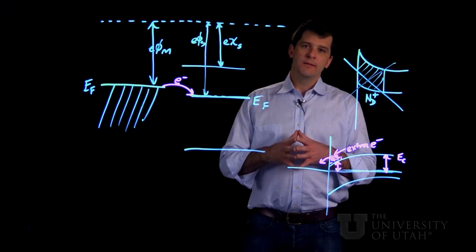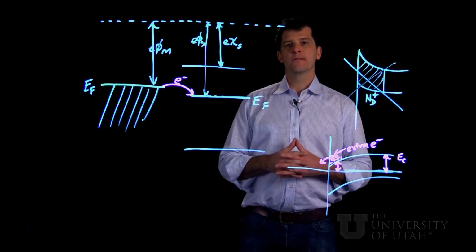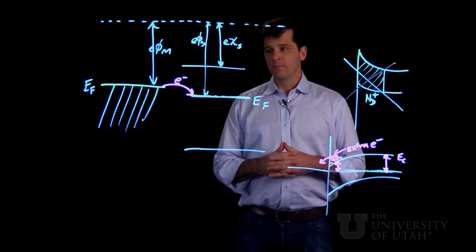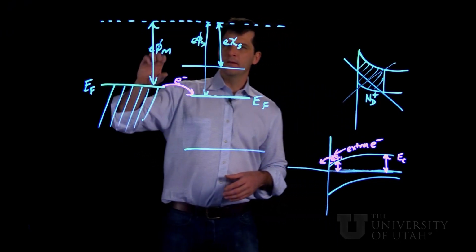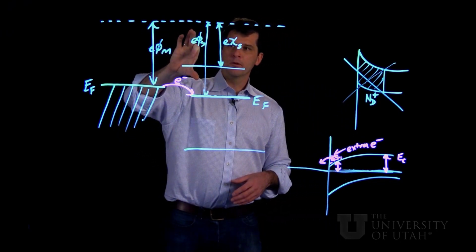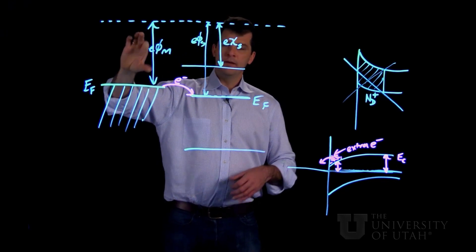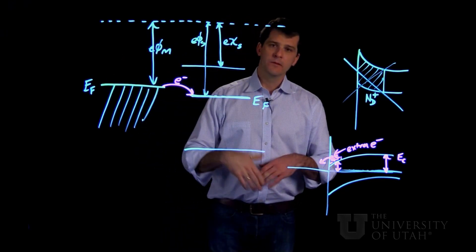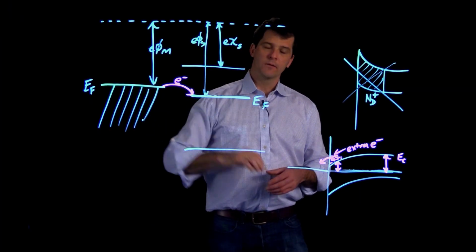Their phenomenology is a little less complicated than that of Schottky barriers. And we can form them, remember, in the N-type case whenever the work function in the semiconductor is larger than that in the metal, and then vice versa for a p-type material when the metal work function is larger than the semiconductor work function.